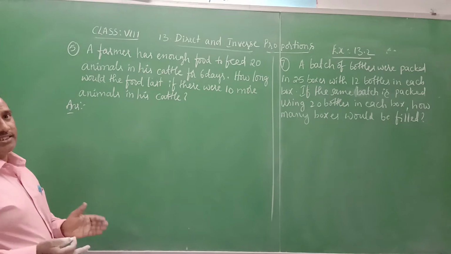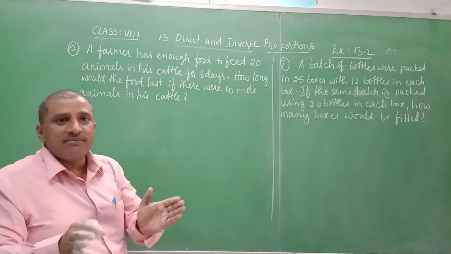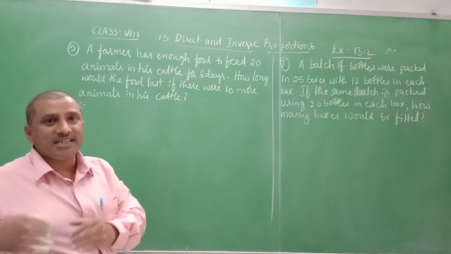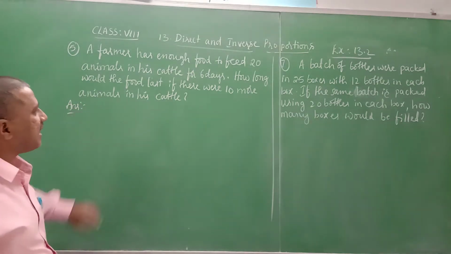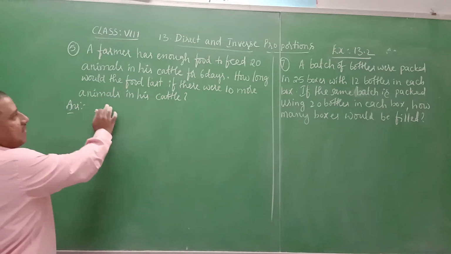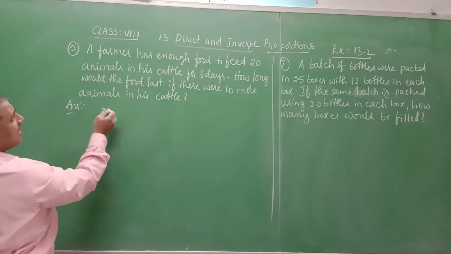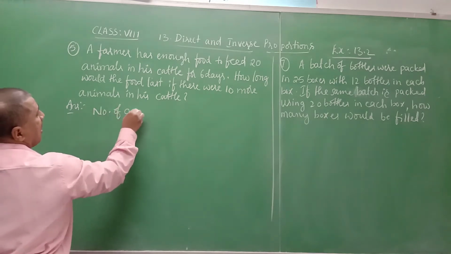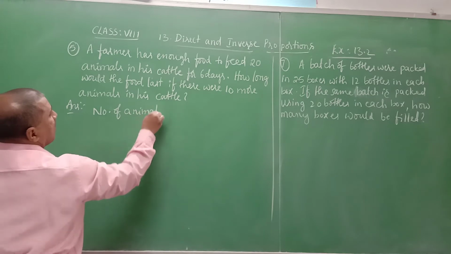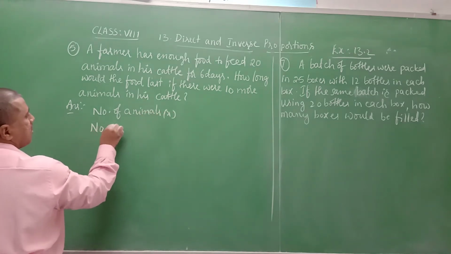Again, the animals are increased and the food is the same, therefore each animal will get less, that is, the days decrease. So now we will see for how many days the food will be sufficient for 30 cattle. Here x is the number of animals, and y is the number of days.